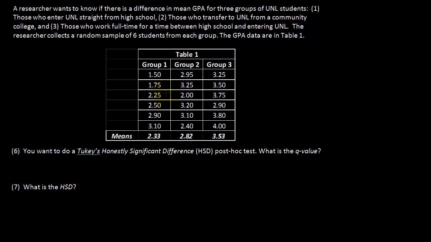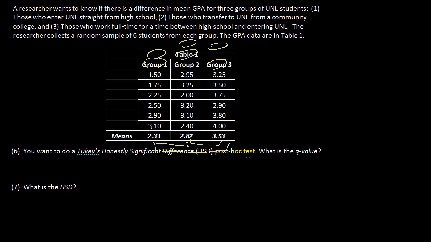So in this example, I want to compare the differences between this and this, this and this, and this and this. We're going to compare mean differences and decide which mean differences are statistically significant.